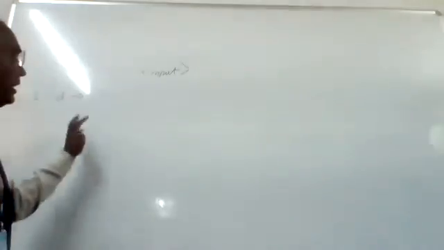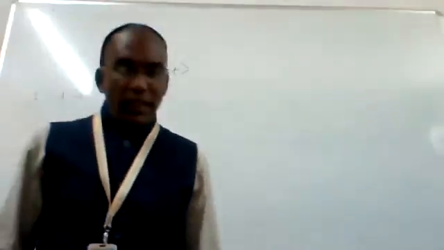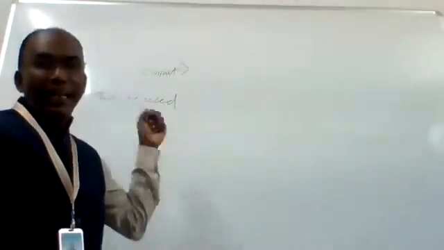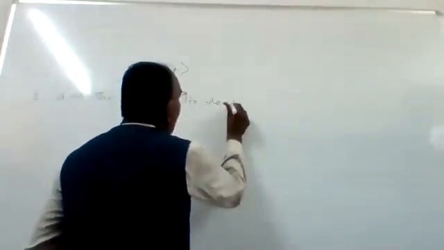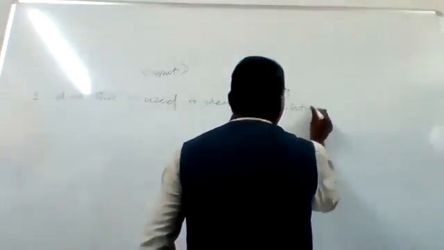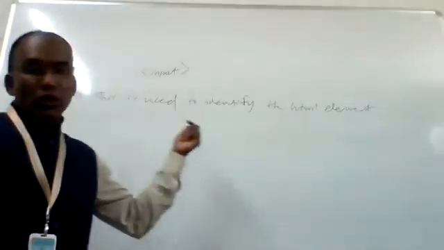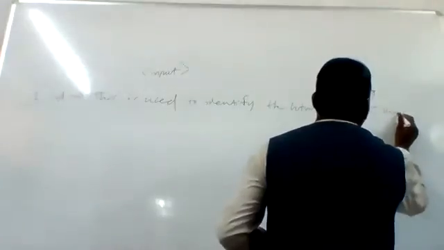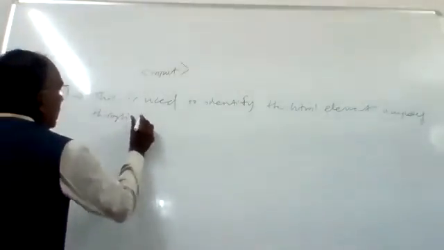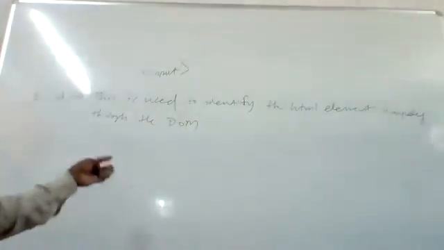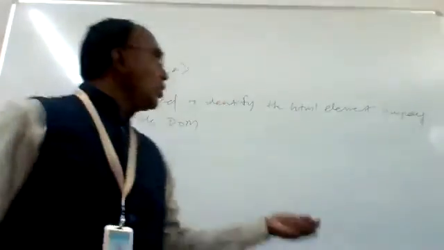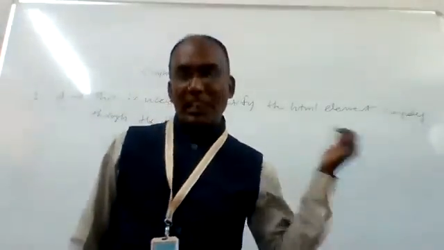The ID attribute is used to identify the HTML element uniquely through the DOM, the document object model.